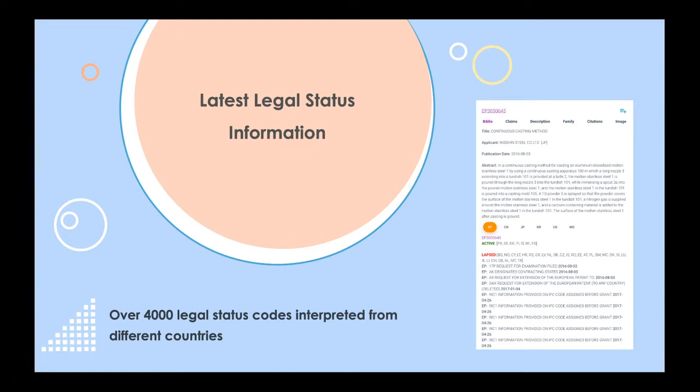And you can see in this picture that in European patents, we can even say which country a certain patent is active in. It is very usual that applicants are not seeking protection in all the countries in Europe. So in this case, you'll see that it's active in a certain few countries and lapsed in all those countries. So this is the value add that you get. Whenever you see a patent on IPGRAM, you can instantly get an idea.